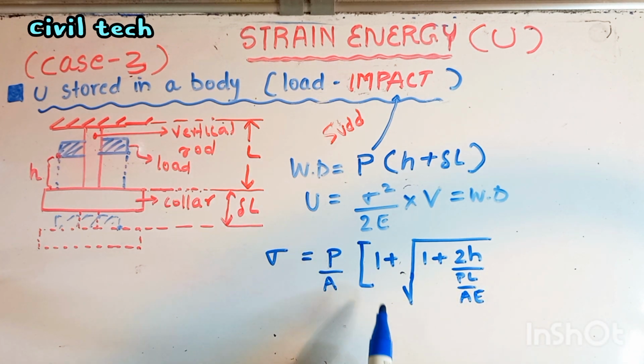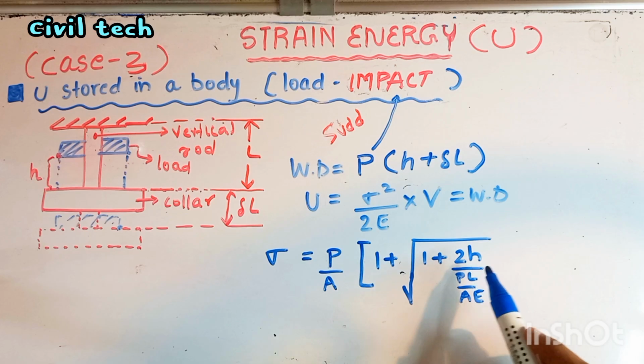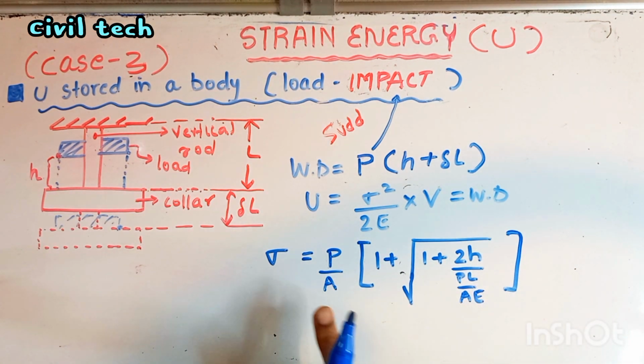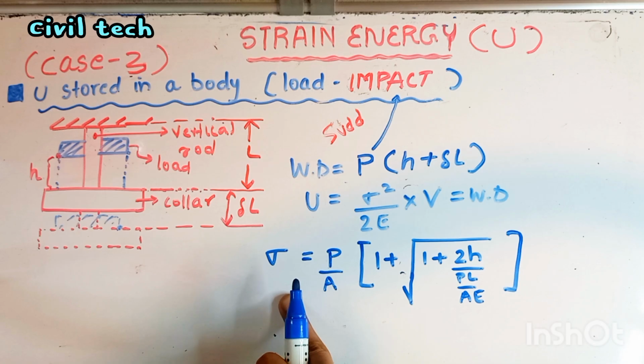P by A into 1 plus root of 1 plus 2H by (PL by A). So this is the maximum stress due to the impact load.